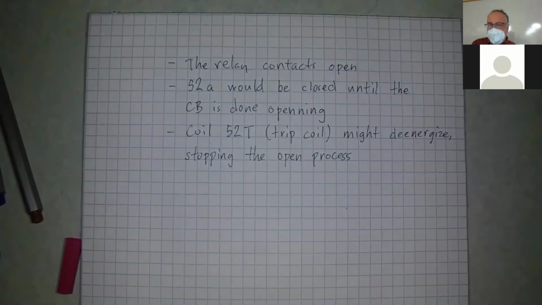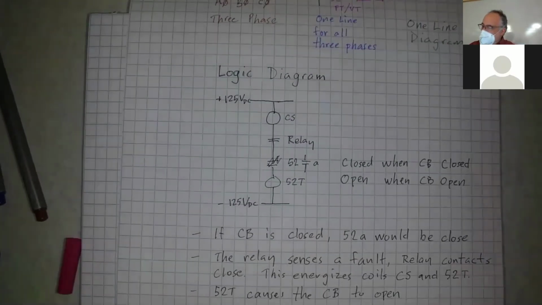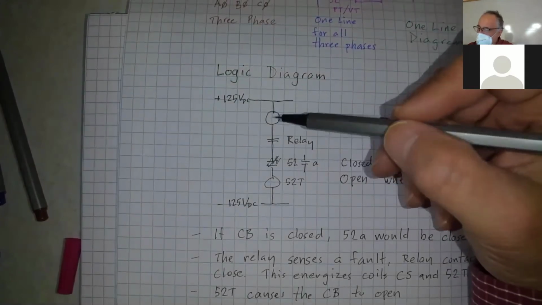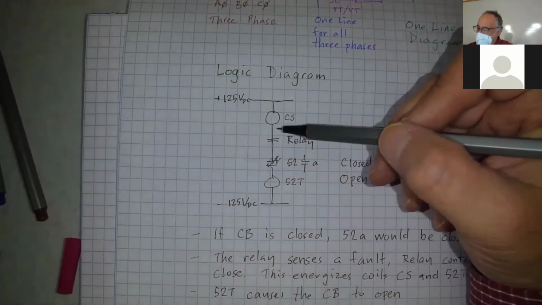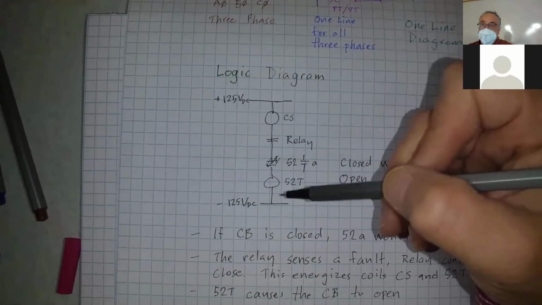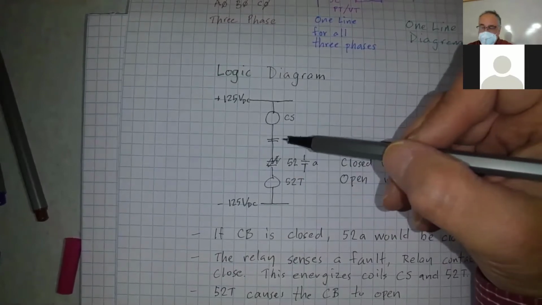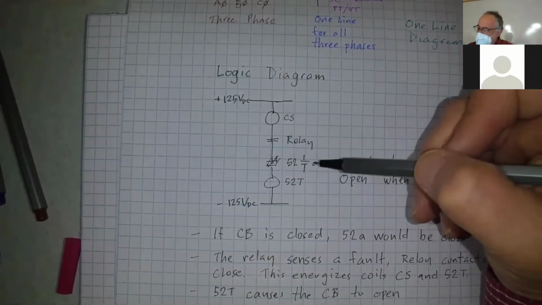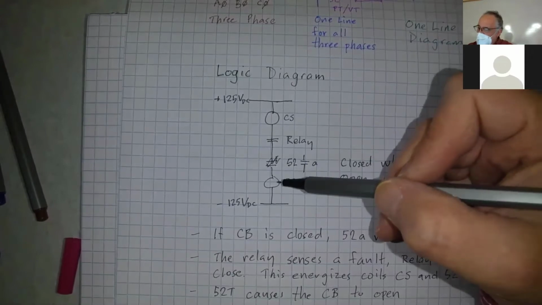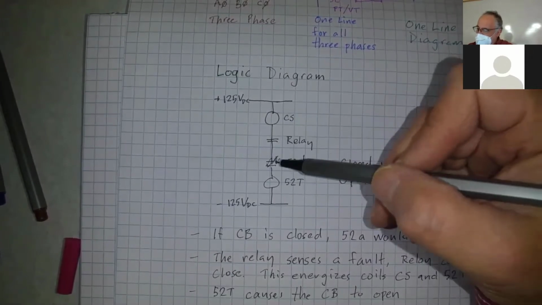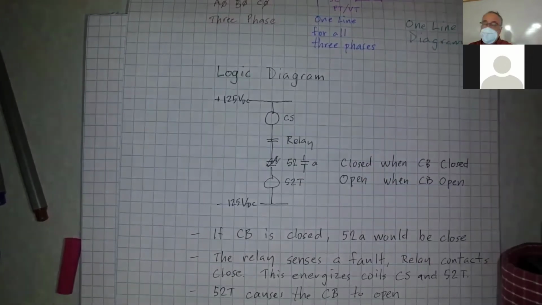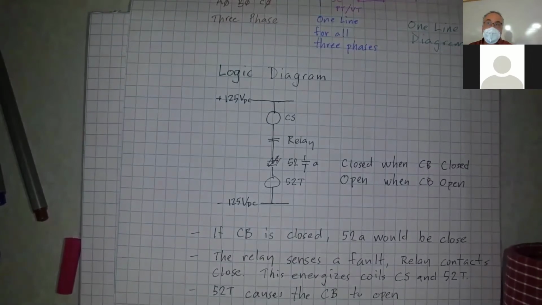Okay. Does that make sense to everybody? We've got this coil, which is a coil wire, so we'll always have current through there as long as the path is intact. So the relay has to be closed, the 52A has to be closed, and if those two are closed, 52T is going to be energized. Okay?